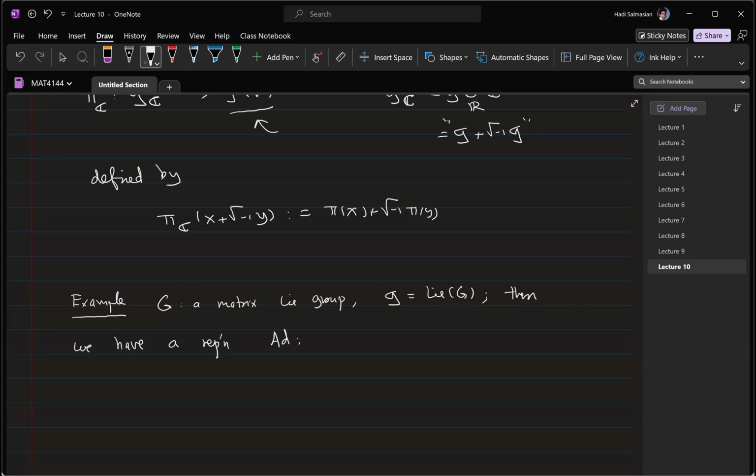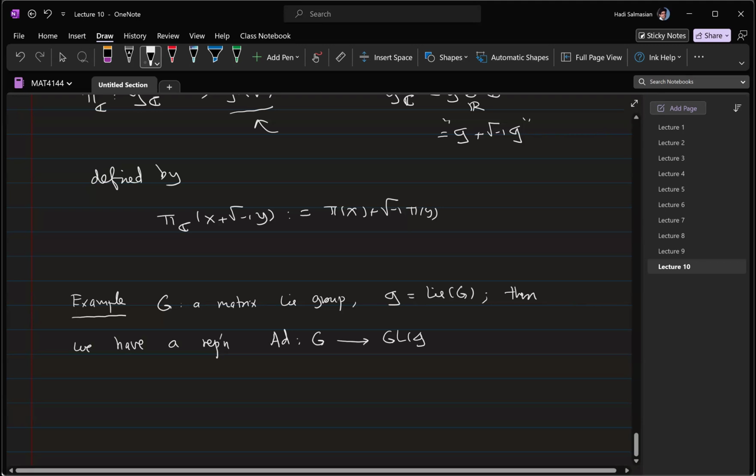Now it's clear why it's called an adjoint representation. This goes from capital G to GL(g), where Ad_g of X is just g X g inverse, right?